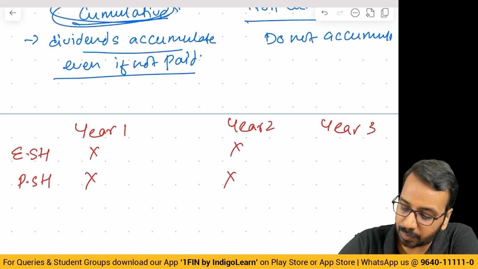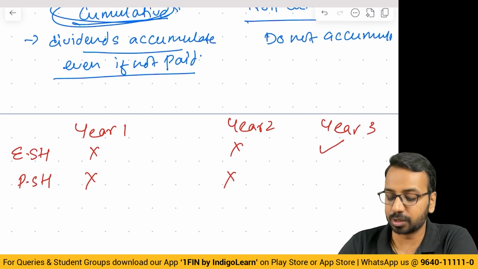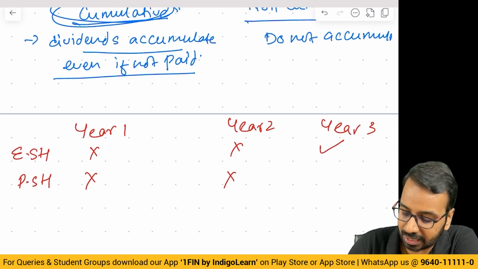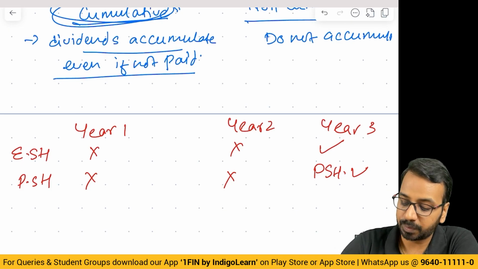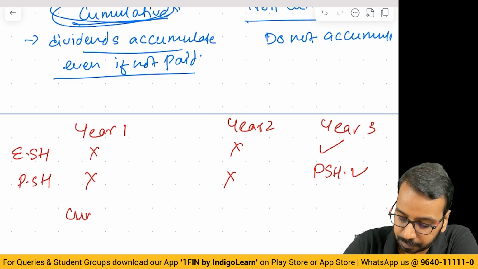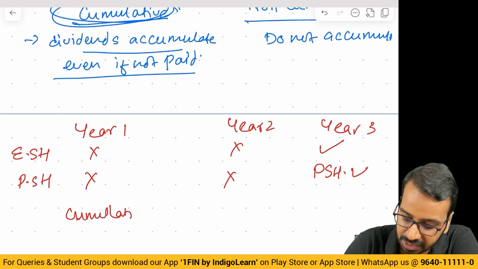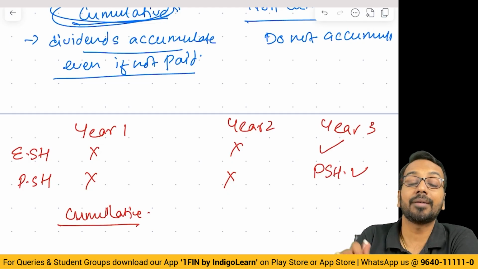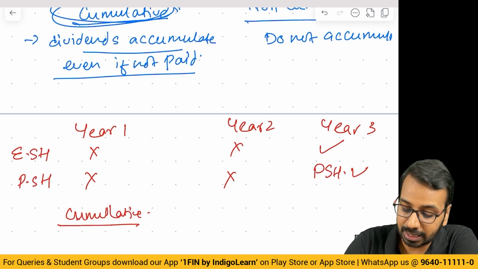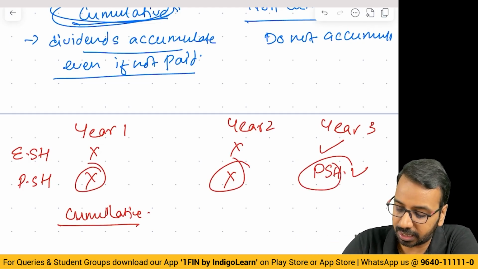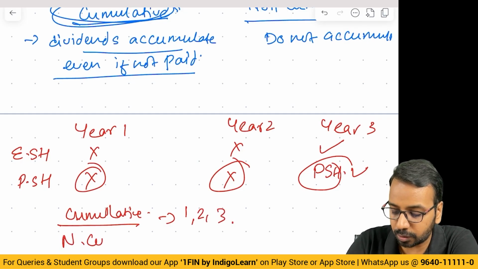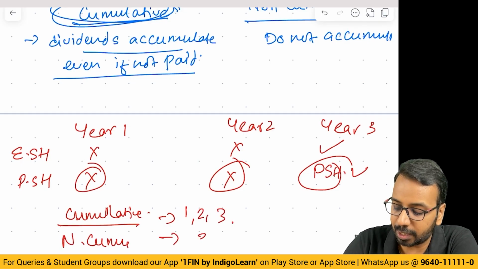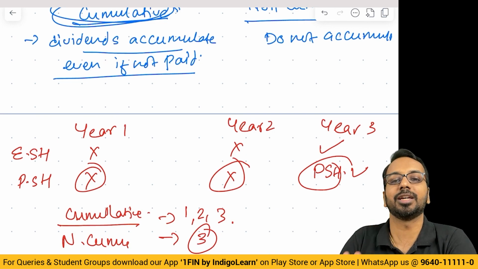In year 3, the company wants to pay dividend to equity shareholders. So, first it has to pay preference shareholders dividend. Now, if it is cumulative, you have to pay the dividends for year 1, year 2, year 3. So you will get dividends for all the 3 years. If it is non-cumulative, you will get dividend only for year 3. Year 1 and year 2 are gone.